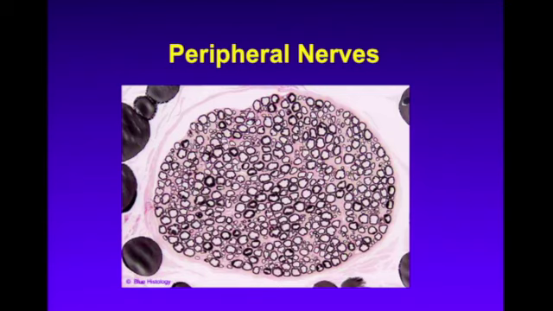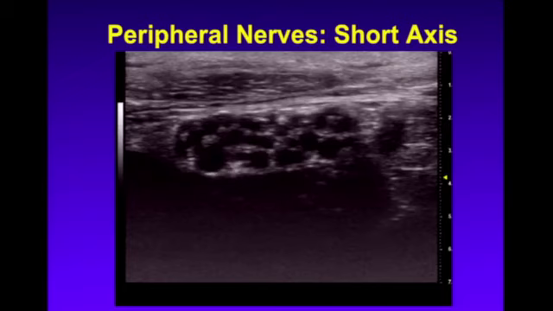Now, what are we actually looking at? Well, peripheral nerves are made up of nerve fascicles that are separated by connective tissue. And when we put a really high-frequency ultrasound on the nerve, we see those fascicles show up as these dark, hypoechoic areas, almost like a bunch of grapes, which are separated by the hyperechoic connective tissue.